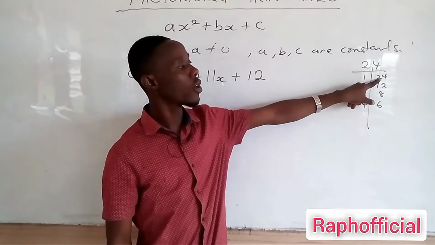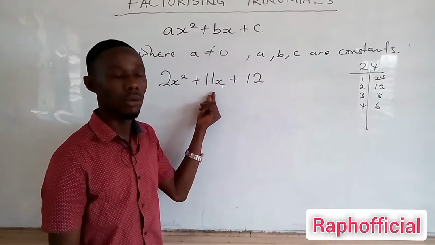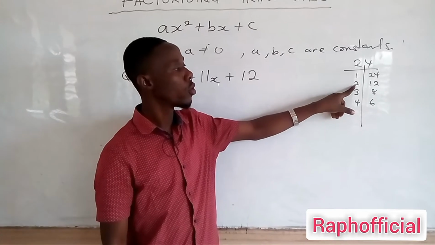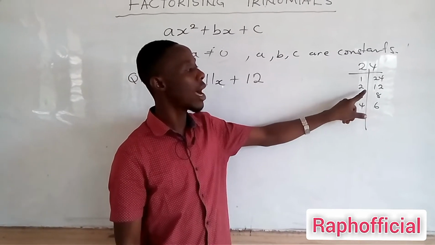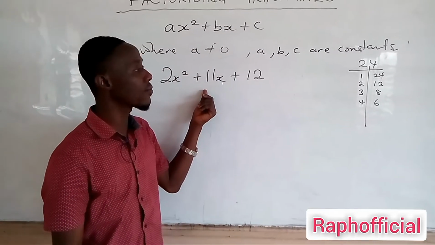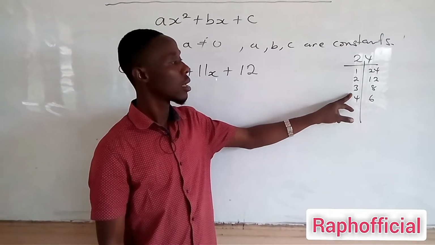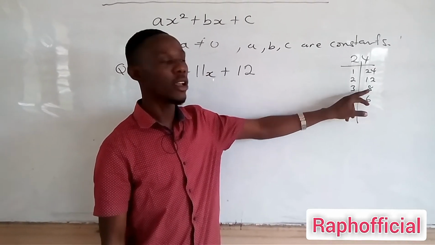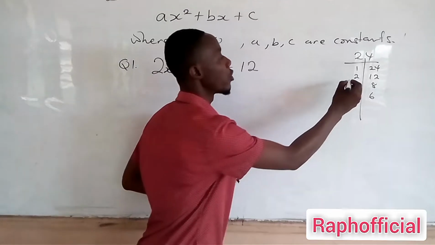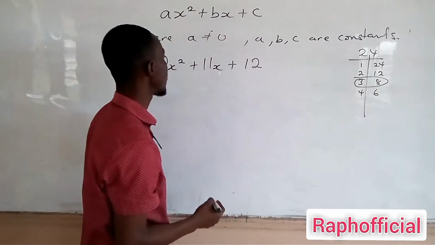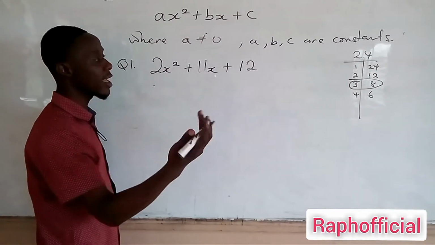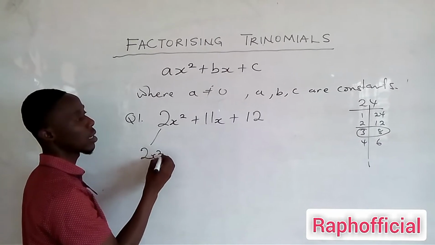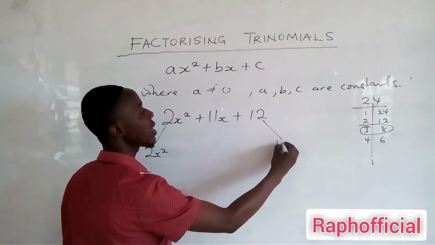1 and 24, can you give me 11? No. 2 and 12, when you add, you get 14. No, it doesn't fit. 3 plus 8 gives 11. Therefore, we will use 3 plus 8. We will write it as 2x squared, then the same 12.